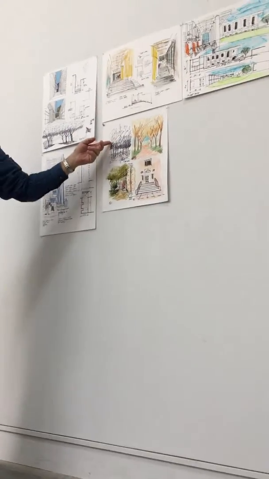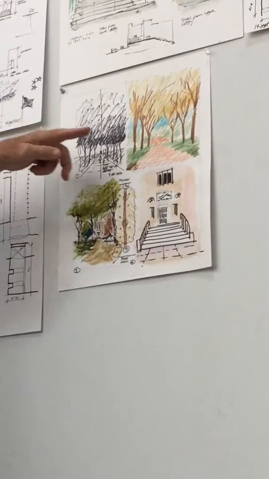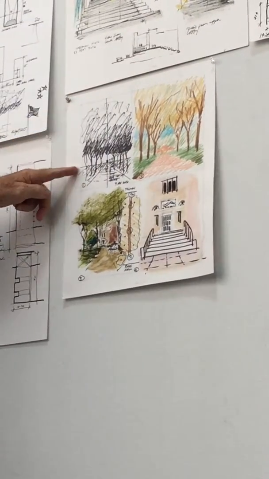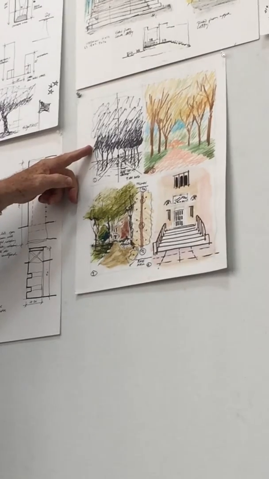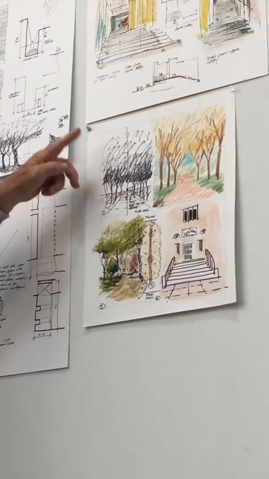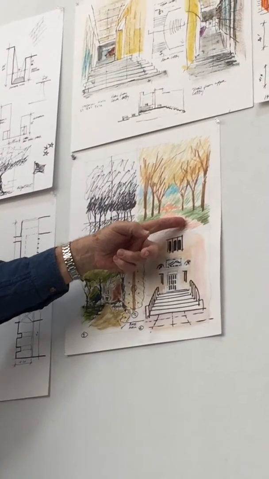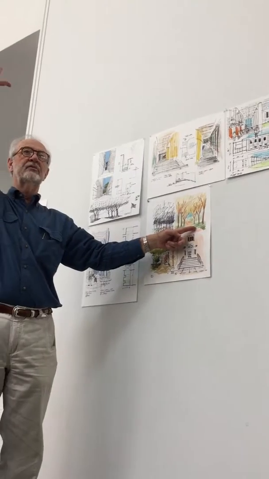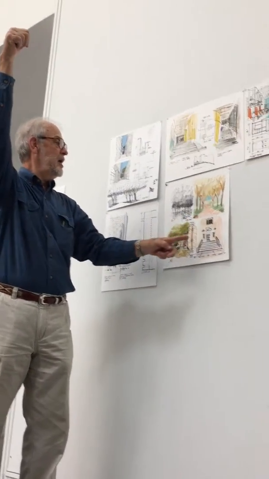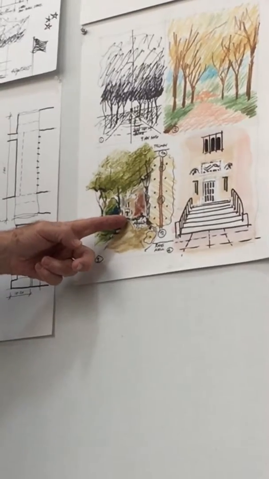This drawing here is a series of drawing tools. Sharpie marker. And you will see many of them have people in them. We'll talk about how important it is to have people in your drawing. Sharpie, Prismacolor. Do you all know what Prismacolor pencils are? Yes? Good. How about oil pastel?